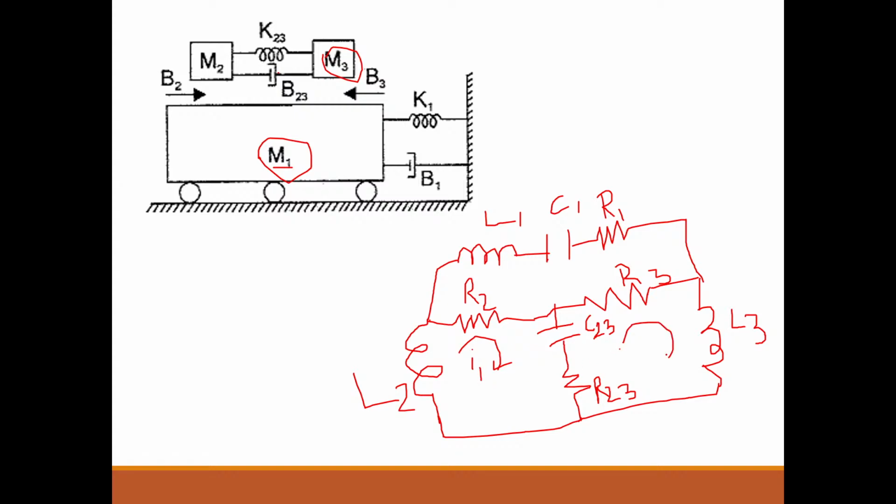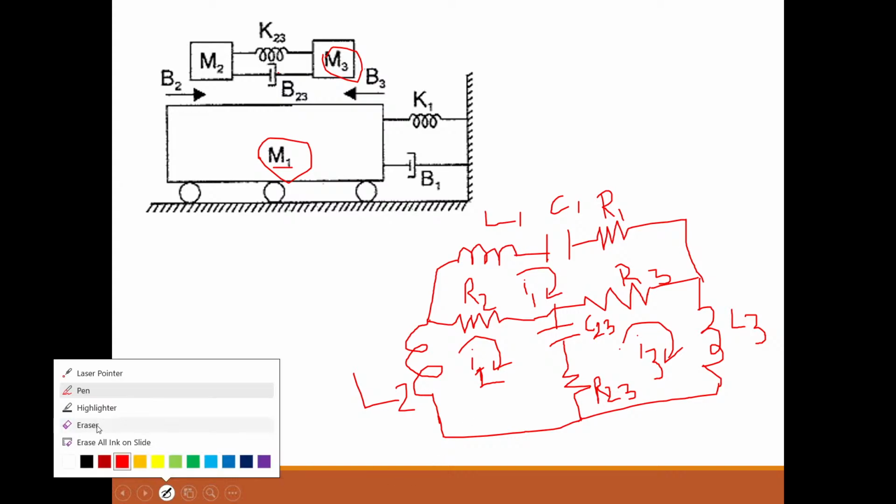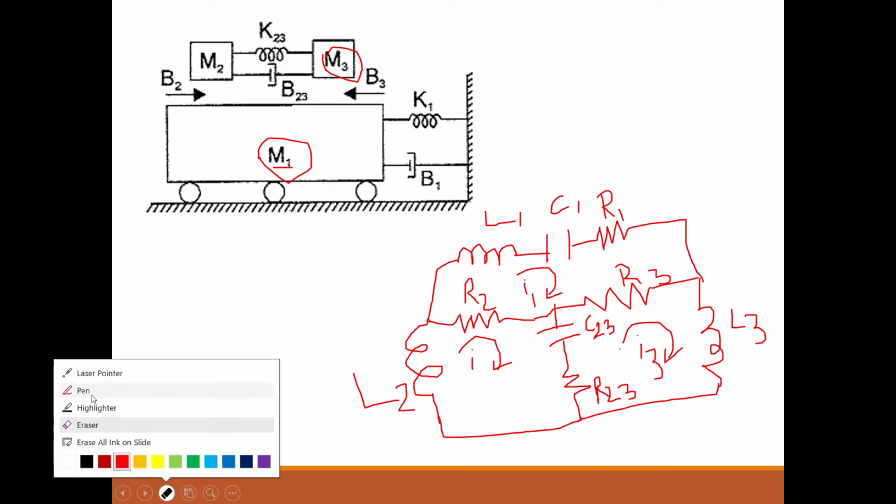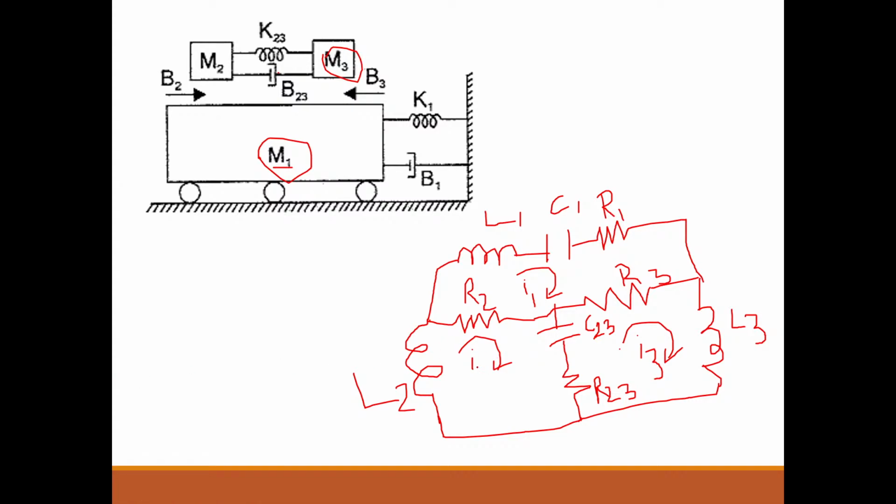You can assume any current direction, either clockwise or anti-clockwise. Sorry, this is not I1. This was mesh 2, and mesh 2 means I2 current. And this was our mesh 1. Usually we consider the left side loop as mesh 1, that's why by mistake I wrote I1 here. This is I2. I will write I2 properly. This is I2, this is I3, this is I1. I have assumed all currents in clockwise.